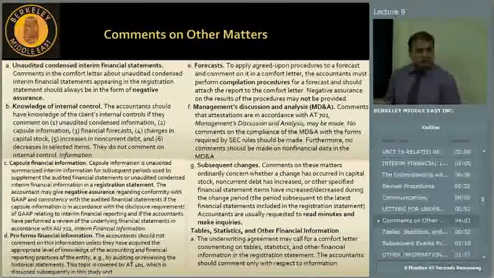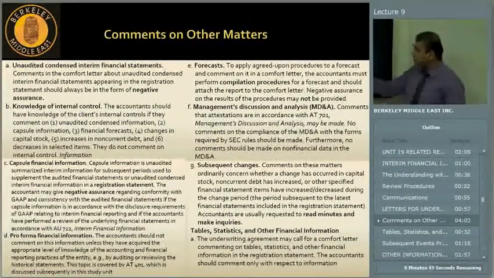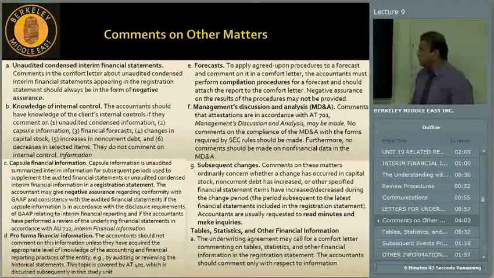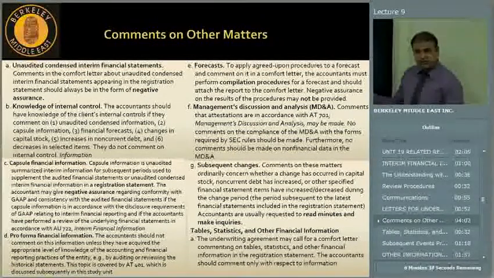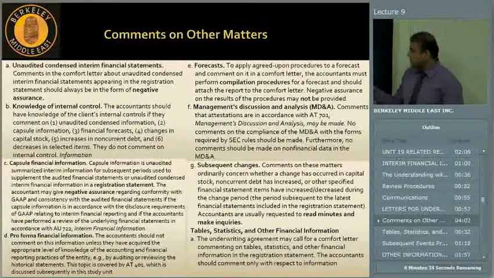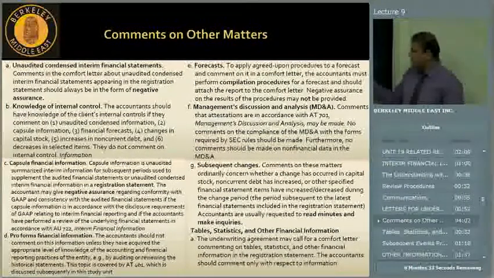Forecasts, future forecasts, budgeting, these also apply agreed-upon procedures to a forecast. The accountant must perform the compilation procedure that we just discussed, on how to check the accuracy.